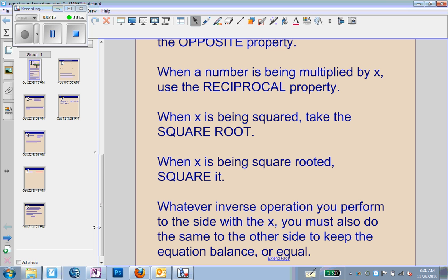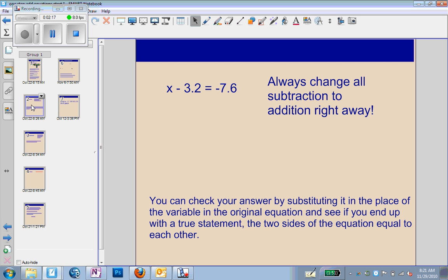So let's look at some examples. So the first thing we're going to do is always change the subtraction to addition. We've got our example. So we're going to change x minus 3.2 to x plus negative 3.2 equals negative 7.6.